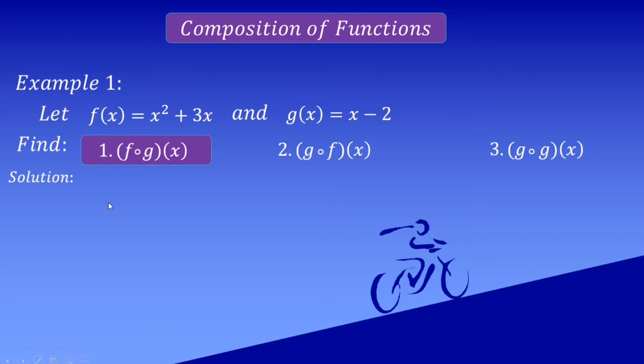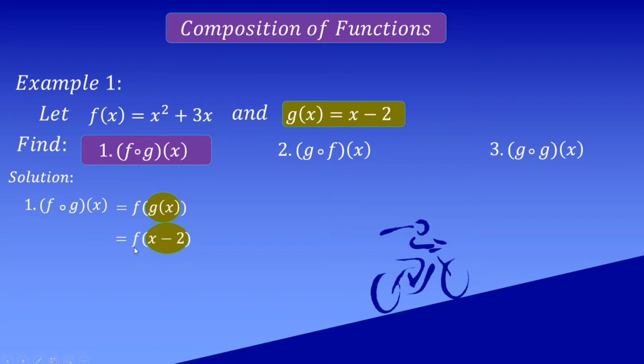So the composition of two functions f and g of x is equivalent to f of a quantity of g of x. To solve this notation, we have g of x is equal to x minus 2. That is our value of g of x.